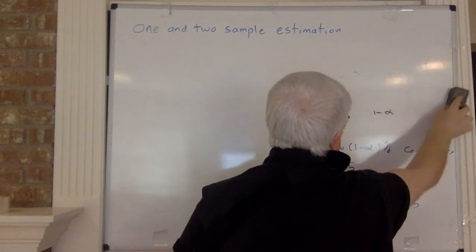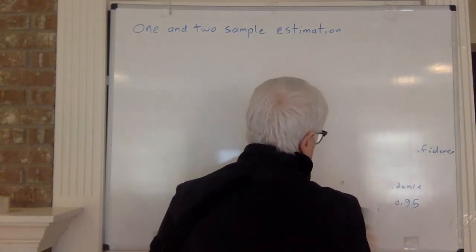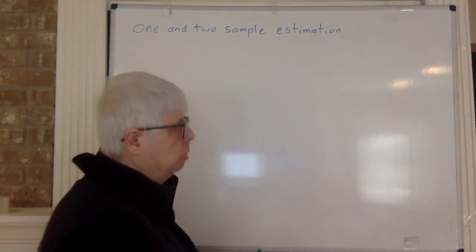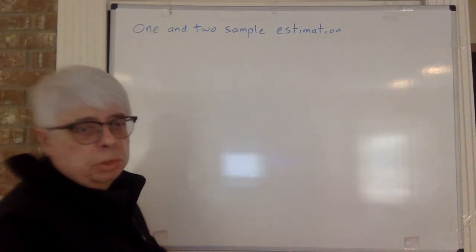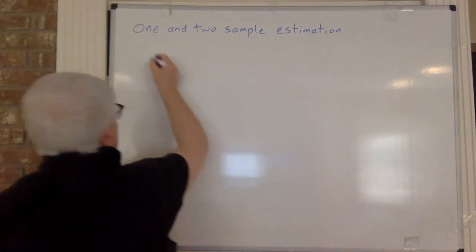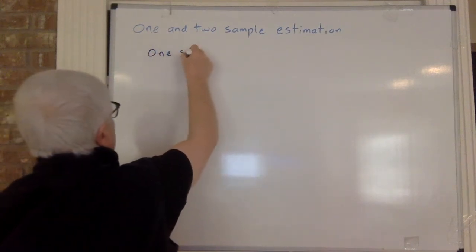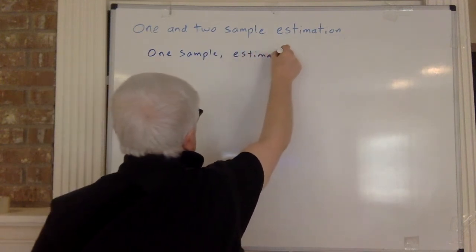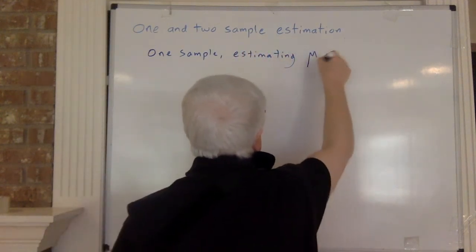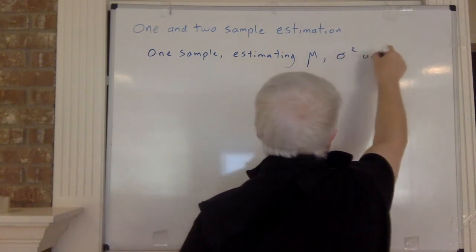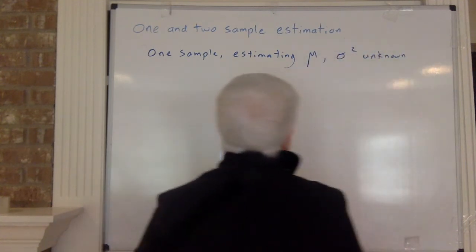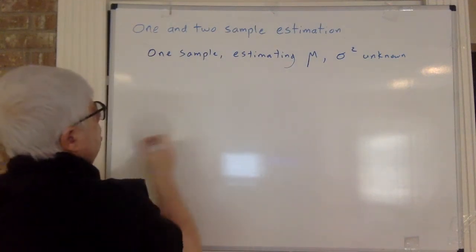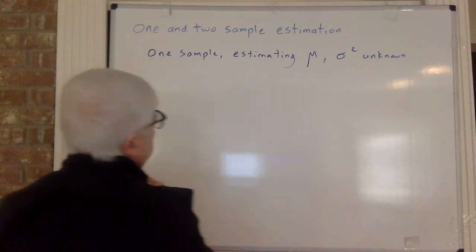Okay. Now, what do you think happens if I do not assume that sigma squared is given? So one sample, I have one sample again, estimating mu, sigma squared unknown. So remember what I used here: what was the estimator for mu?